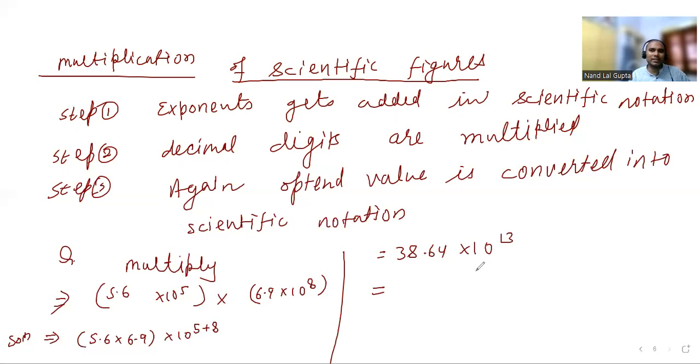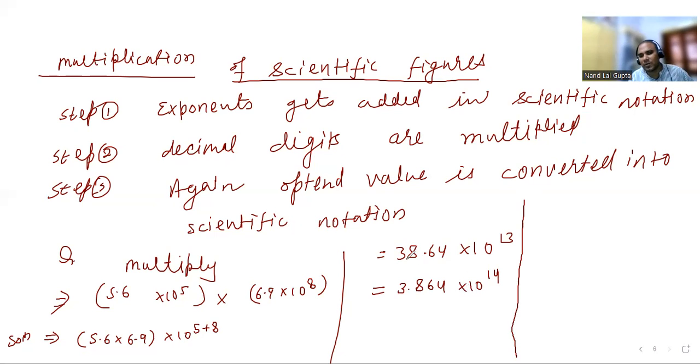So you tell me in the scientific form. Can you? Yes, sir. 3.864 into 10 power. See, the problem can be caught easily, right? You need to put the decimal after one digit.